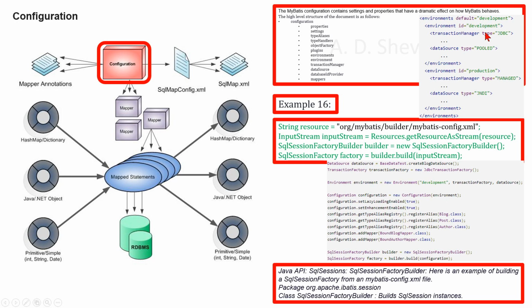If you call one of the build methods that does not take the environment parameter, then the default environment is used, which is specified as default equals development in the example here. If you call a method that takes a properties instance, then MyBatis will load those properties and make them available to your configuration.